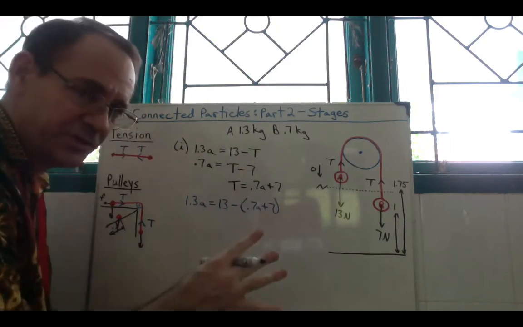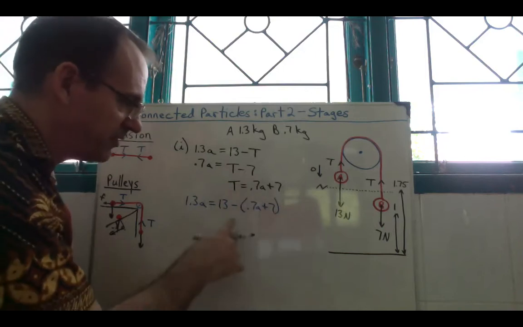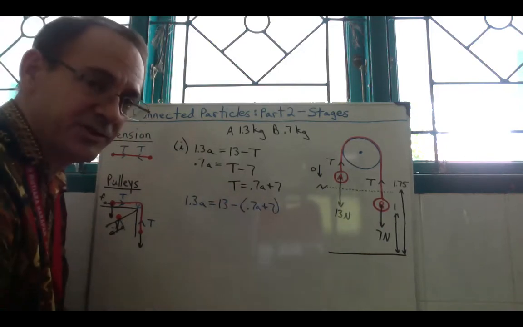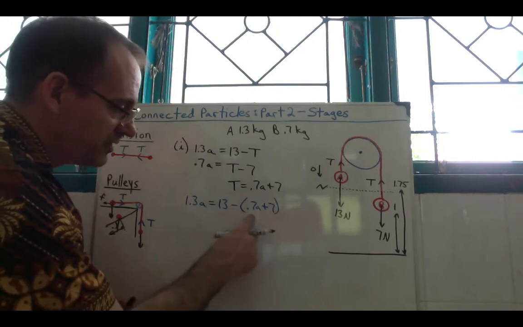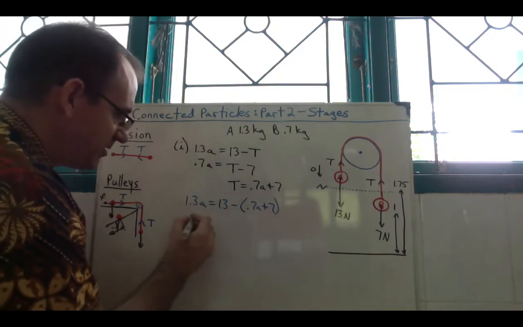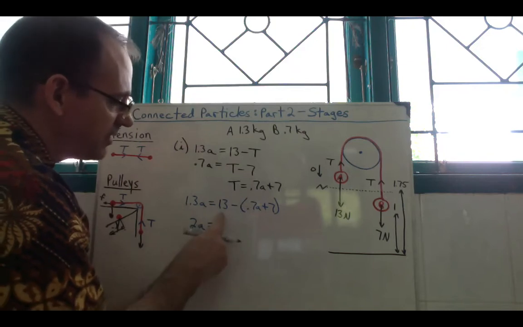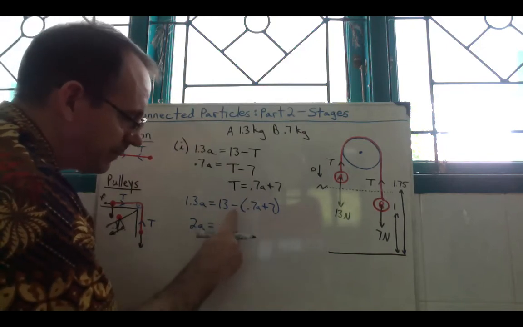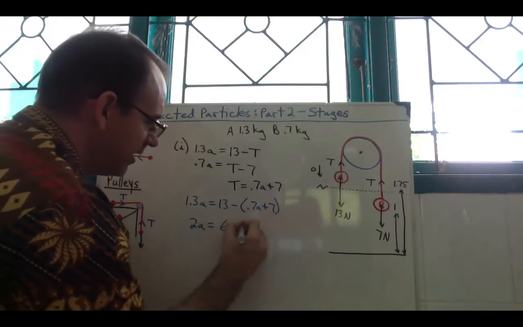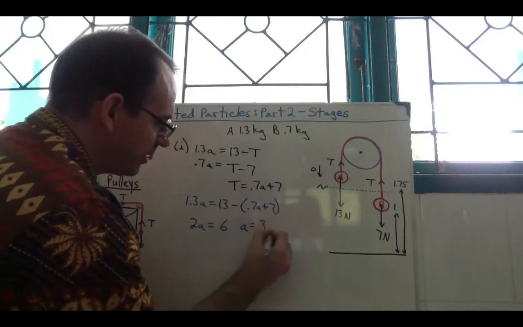A lot of students forget to put parentheses and therefore they forget to distribute the negative. So this negative 0.7a we're going to add to the other side, and that will give us 2a equals 13 minus 7, which is 6. So we get a equals 3.